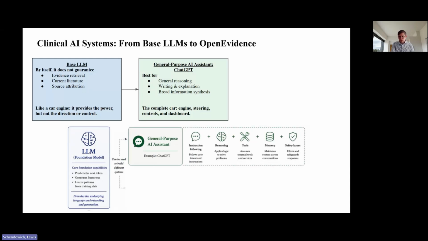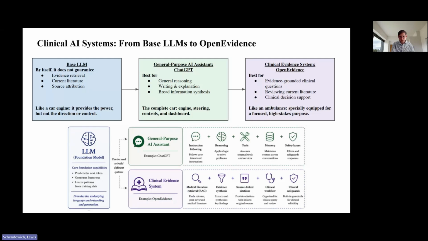ChatGPT is a general purpose system built around an LLM. It adds many different types of tools, a conversational interface, and also safety controls. You can consider this to be the complete car: the engine, steering wheel, the controls, the dashboard, all together. It's the complete package. OpenEvidence is a clinical evidence system.